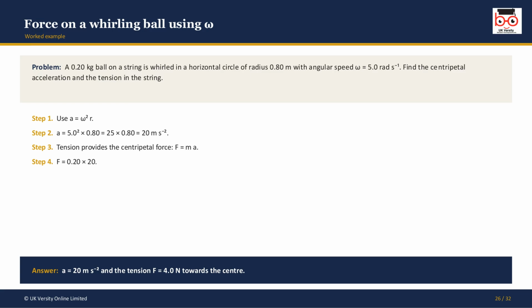Using acceleration equals omega squared times r, that's 5.0 squared times 0.80, which is 25 times 0.8, giving 20 meters per second squared. The tension provides the centripetal force, so it's mass times acceleration, 0.20 times 20, which is 4.0 newtons directed towards the center.